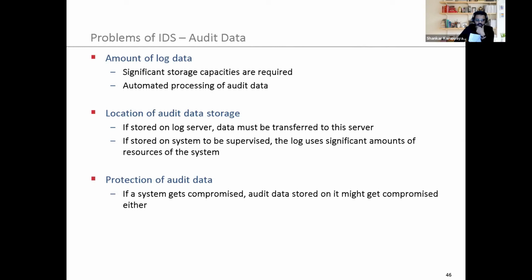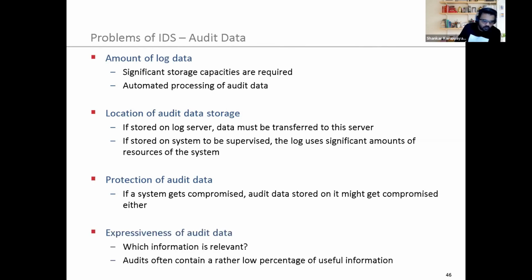And if a system gets compromised, audit data stored on it might get compromised either way. So it's better to separate it so that your data is segmented away and has a lesser probability of being infected. But if your overall security mechanism in place is not strong, it might not do any good at all, right?